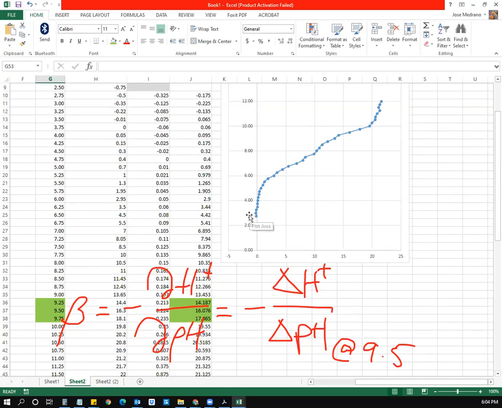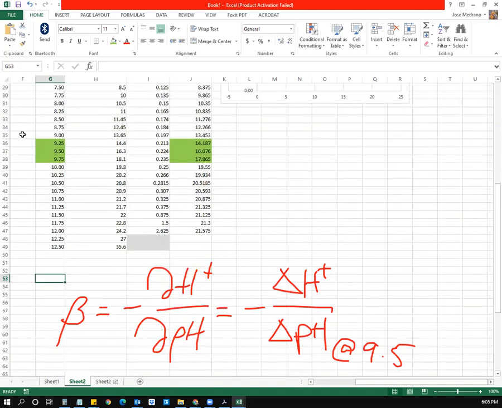If we're traveling from left to right, our pH values are going from lowest to highest. So if we're going from lowest to highest, then here at pH 9.25, this will be our initial value, and 9.75 will be our final value if we're traveling the titration curve from left to right to get that slope.